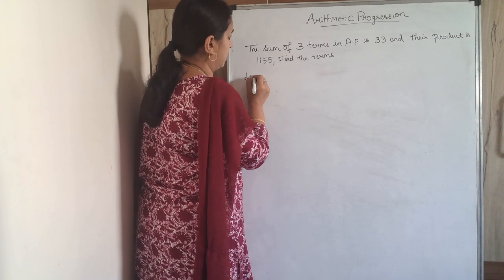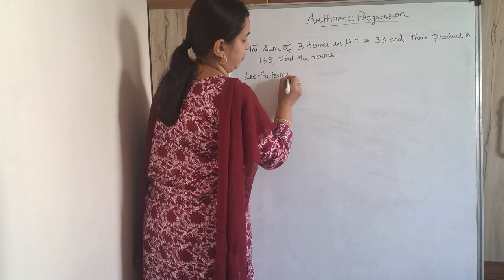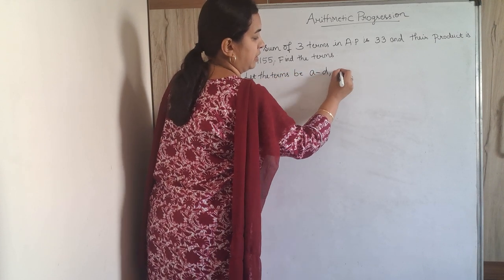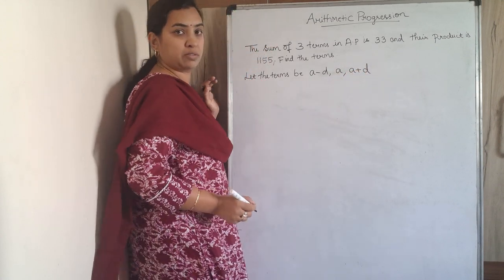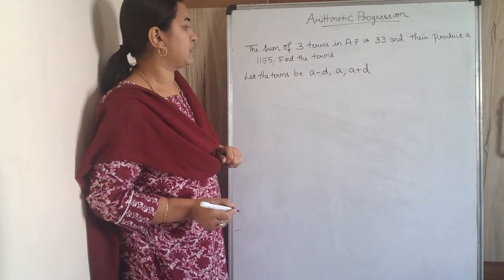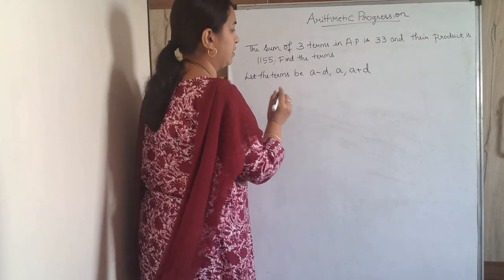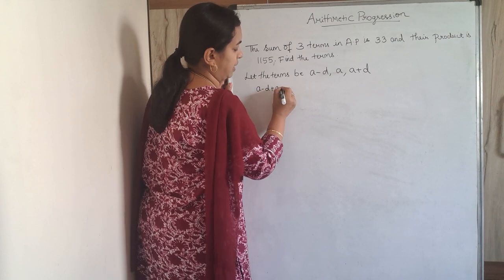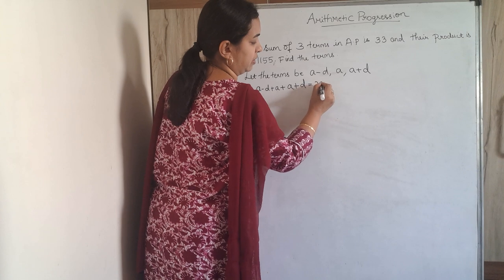So let the terms be A minus D, A, A plus D. Okay. And they have given the sum of 3 terms is 33. So this would be A minus D plus A plus A plus D is 33.